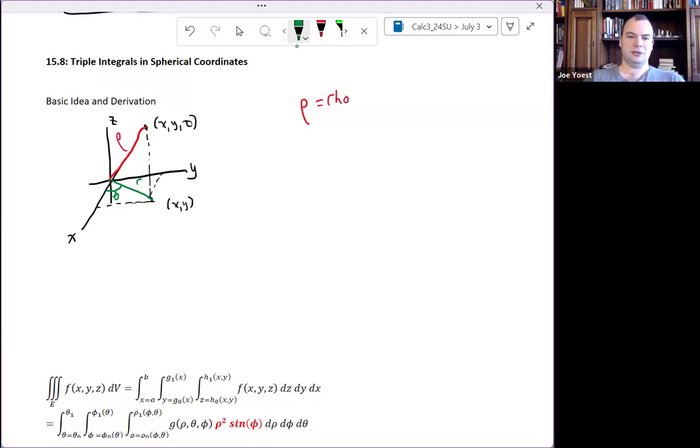I'm going to tell you: start at the origin, start looking out horizontally along the x-axis, and then rotate towards the positive y-axis theta degrees or radians, and that'll get you pointed in the correct horizontal direction.